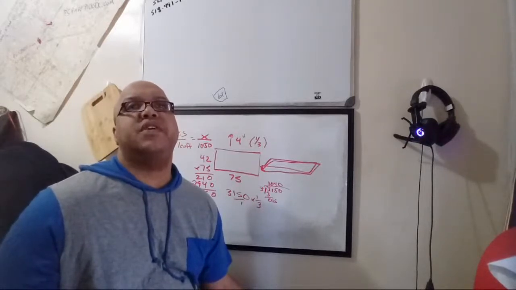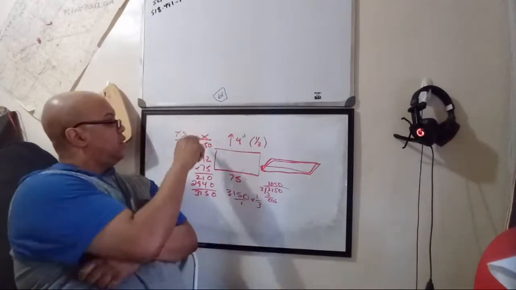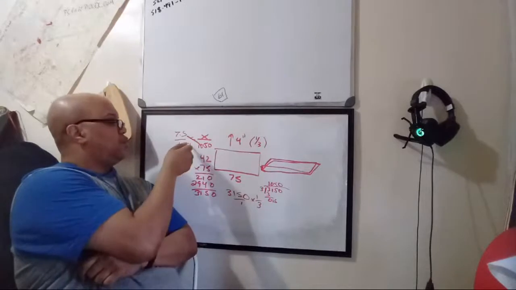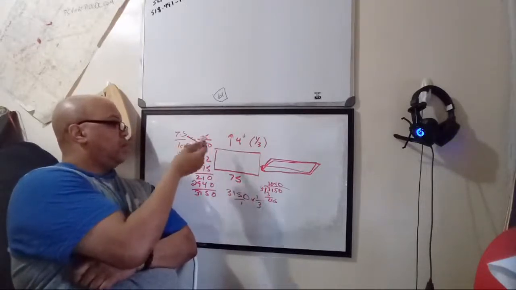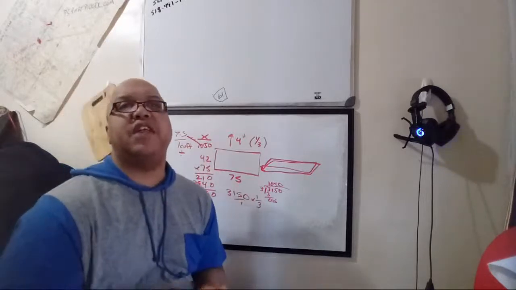And that should give us 7,875. Answer A. So this times this divided by 1 is just the number. So the answer is 7,875.